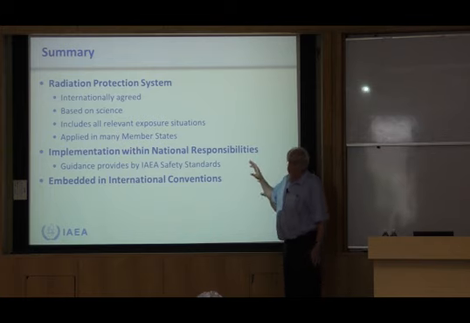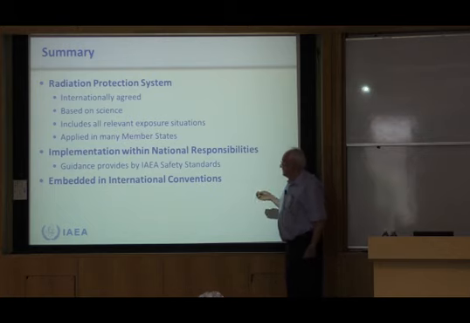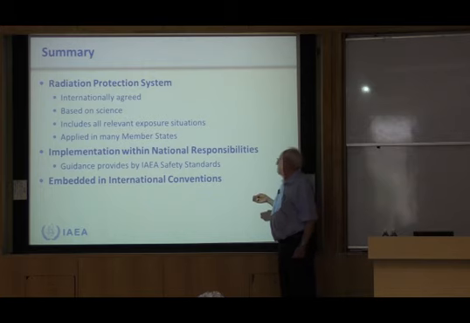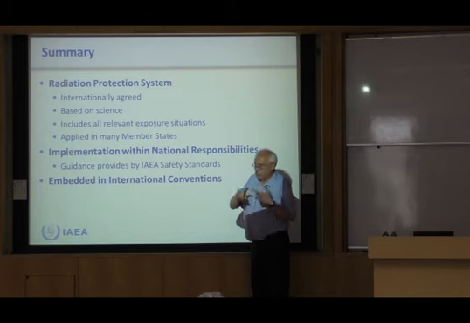It is based on science. It is based on the knowledge we currently have on the effects of ionizing radiation to human health and to the environment. It includes all relevant exposure situations. It is for workers, for people, for the general public. It is for patients, and it also addresses the environment.